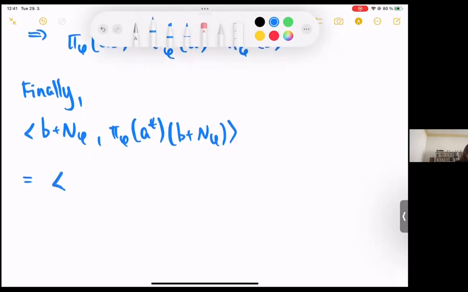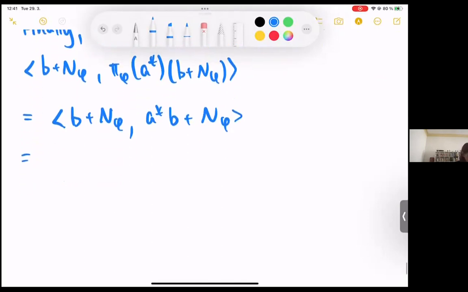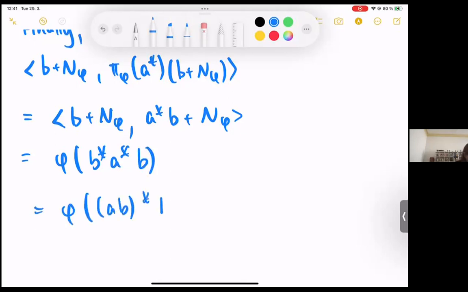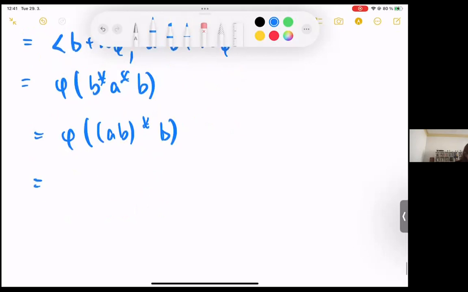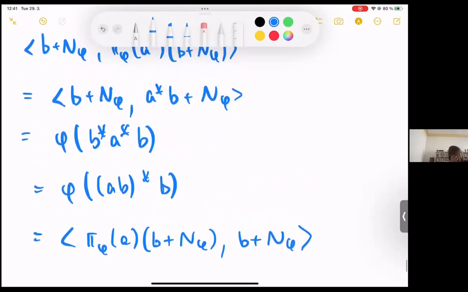This is B plus N phi, A star B plus N phi, which is by definition B star A star B, which is A B star B, which gives us this.